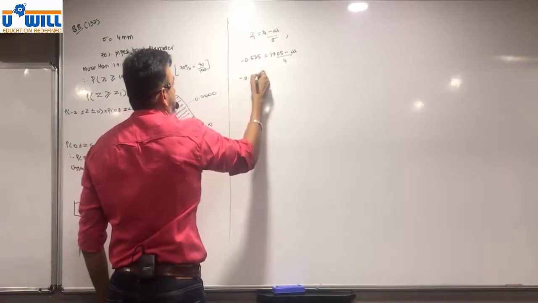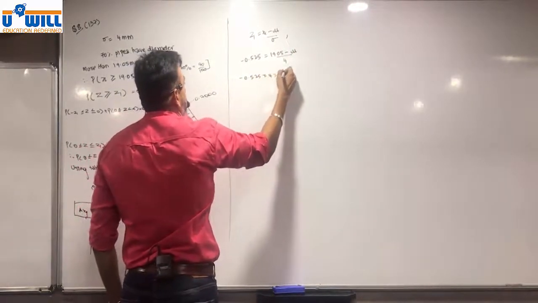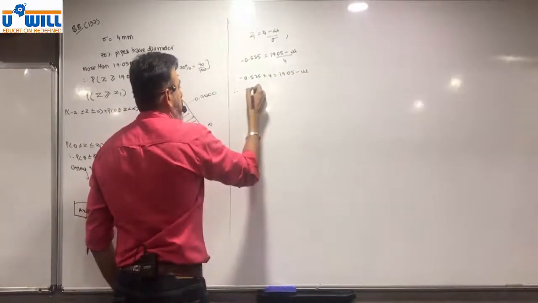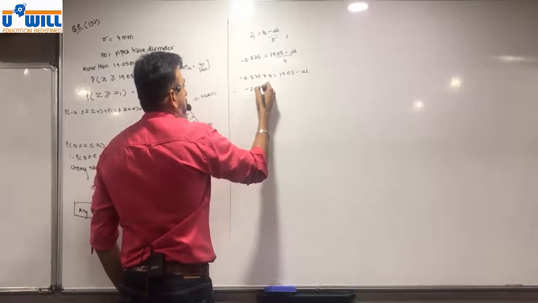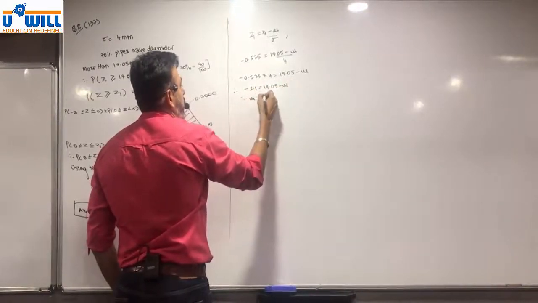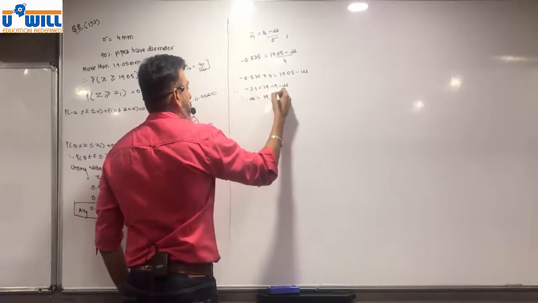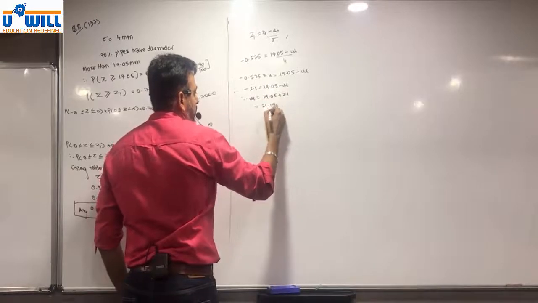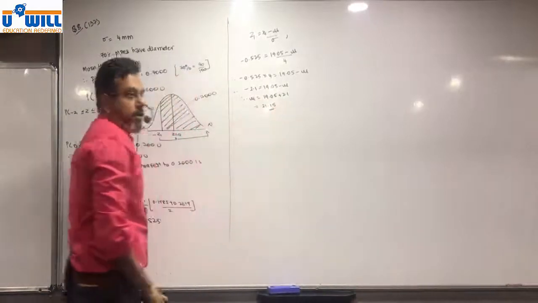Minus 0.525 into 4 is equal to 19.05 minus mu, so minus 2.1 is equal to 19.05 minus mu. Therefore, mu is equal to 19.05 plus 2.1, which is equal to 21.15. We got the first.